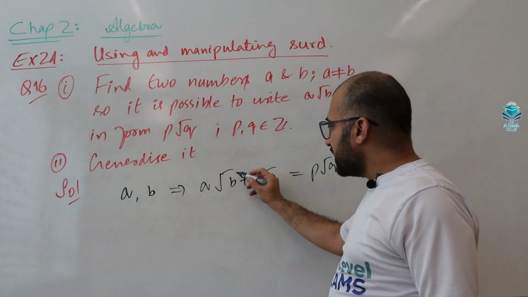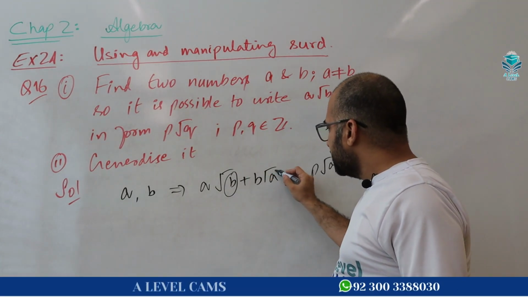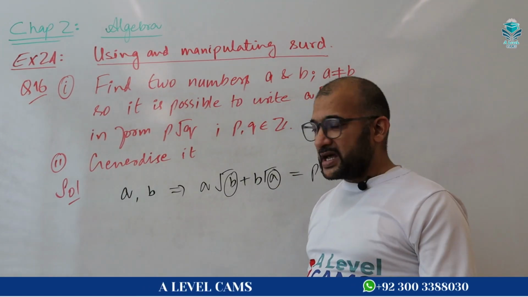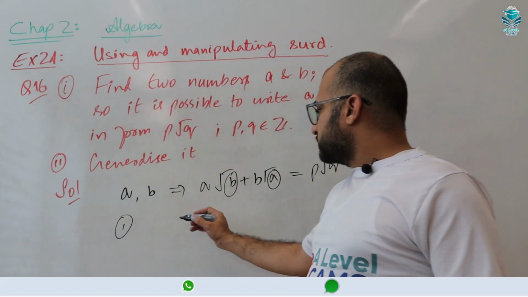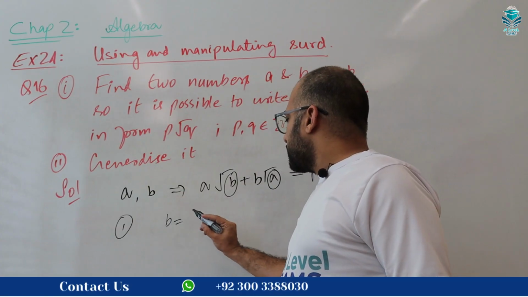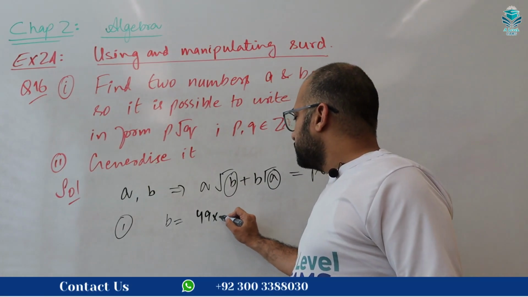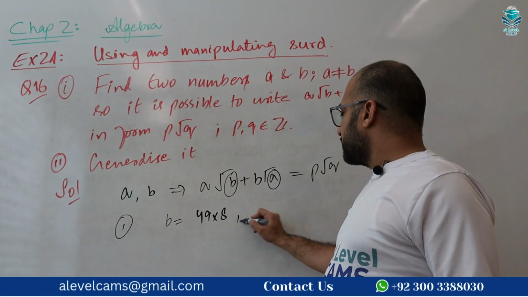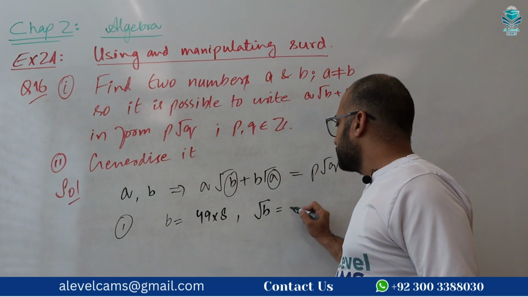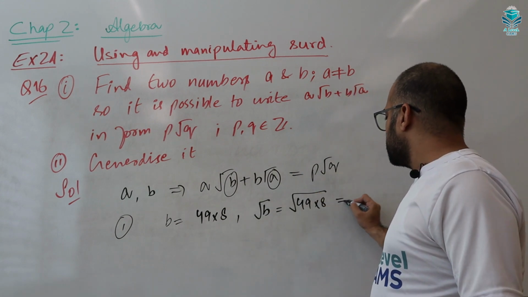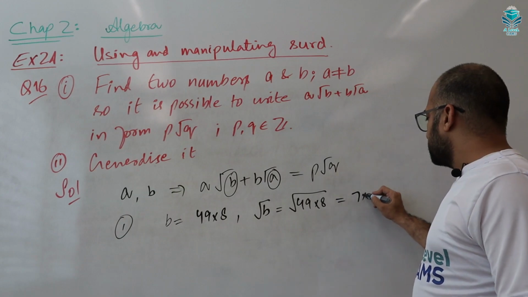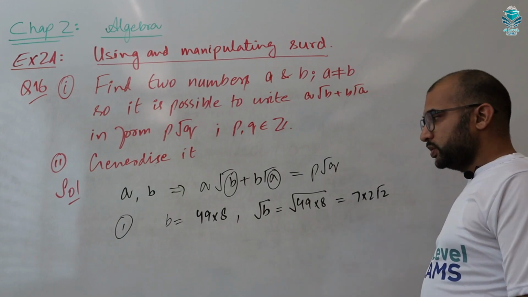It means you have to write a and b such that they have a common number. Let's say I choose b equal to 49 into 8. So you can write square root b as square root of 49 into 8, which is 7 into 2 square root 2.